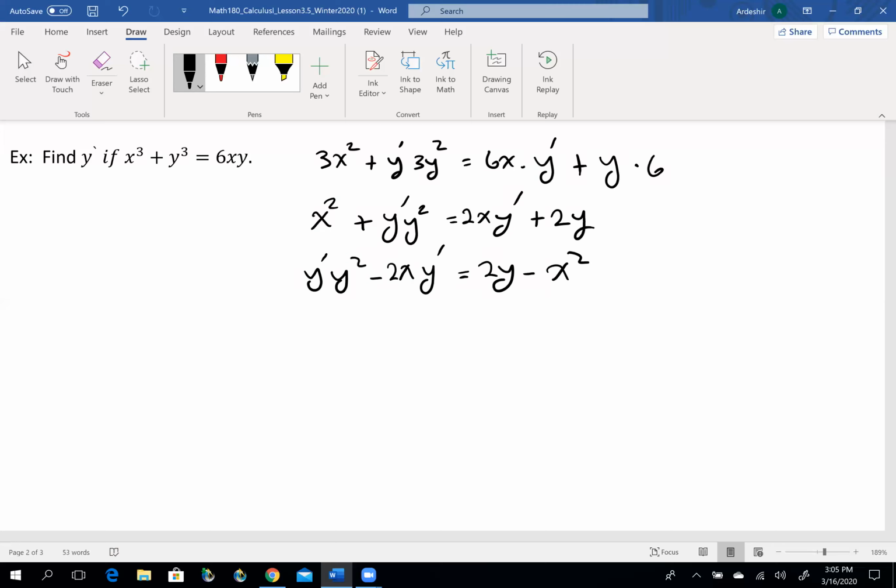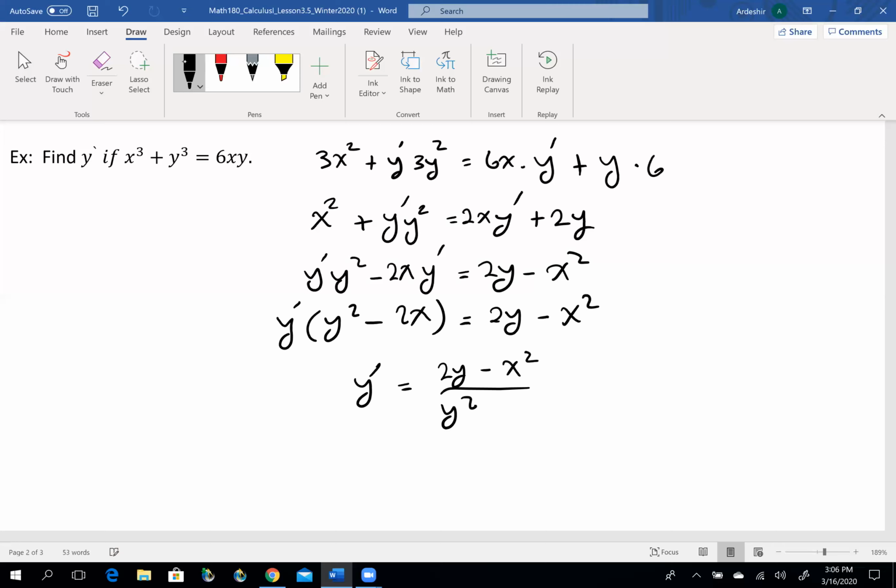Okay, now I can factor out the y prime. So y prime times y squared minus 2x equals 2y minus x squared. Then I divide both sides by y squared minus 2x. So y prime is equal to 2y minus x squared over y squared minus 2x. And that's my answer.